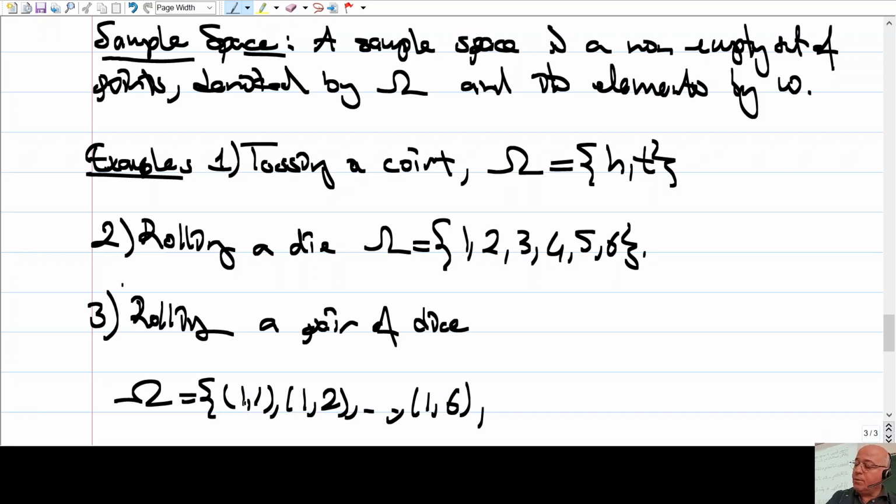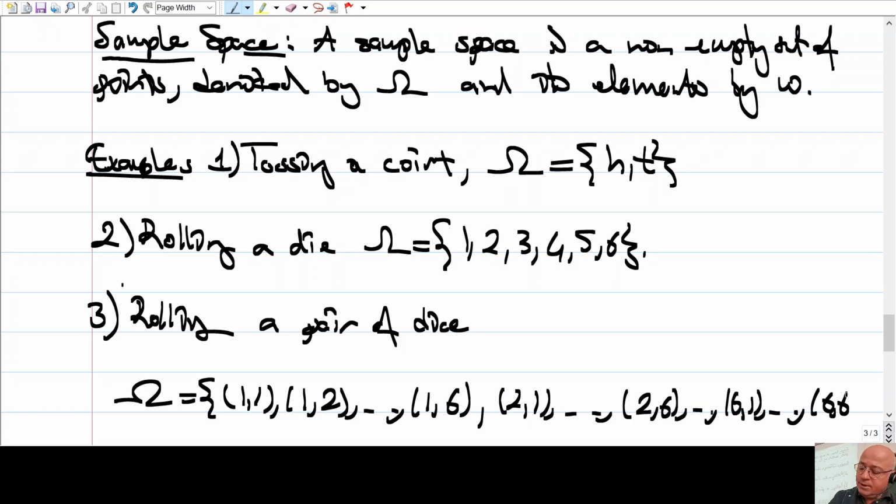First one comes 1, the second one comes 6, and it goes like this: (2,1), (2,2), up to (2,6), and then (6,1), up to (6,6).